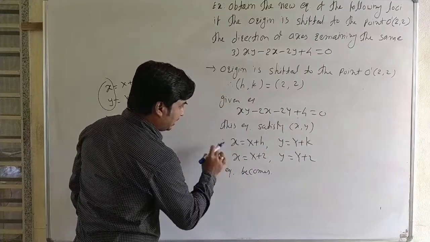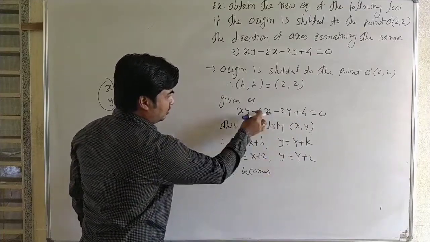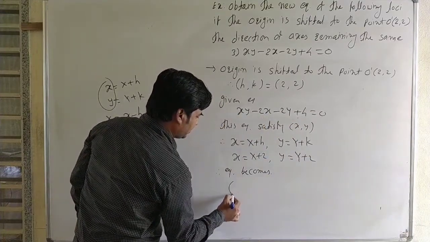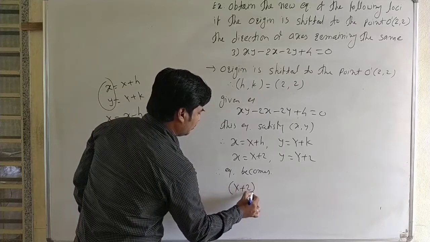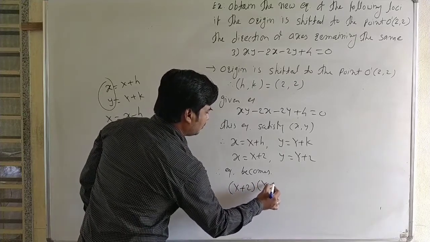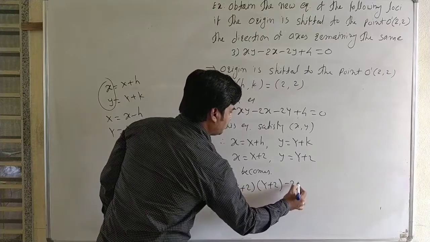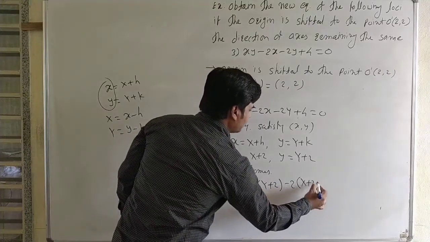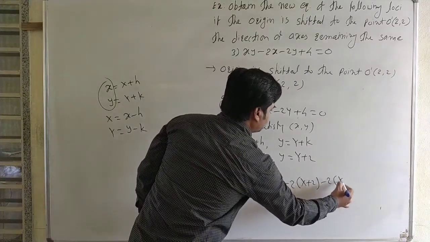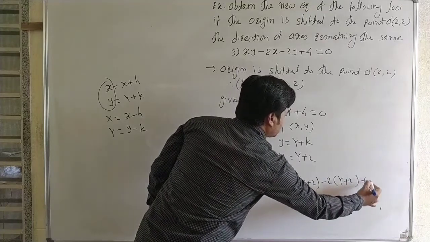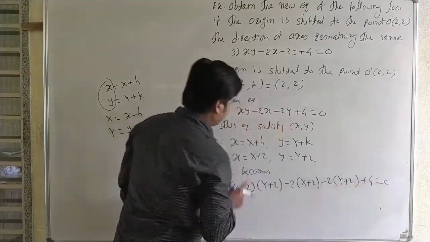Then put the values of x and y in this equation. Therefore you can write (X plus 2)(Y plus 2) minus 2(X plus 2) minus 2(Y plus 2) plus 4 is equal to 0.